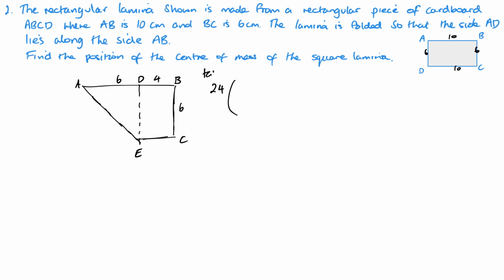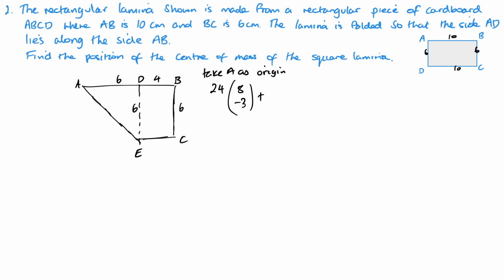So let's take A as origin here. So from A, we're going to go 6, 7, 8 across, and then we're going to go 3 down. So this is going to be 8, negative 3.